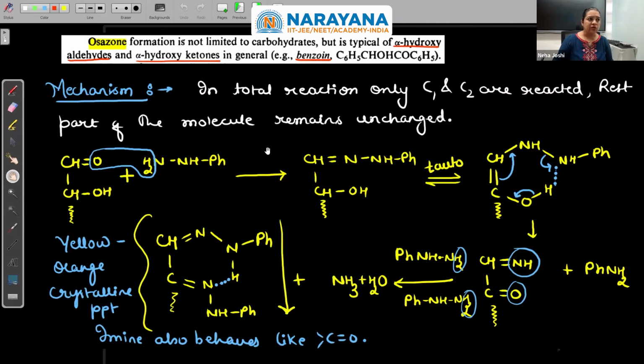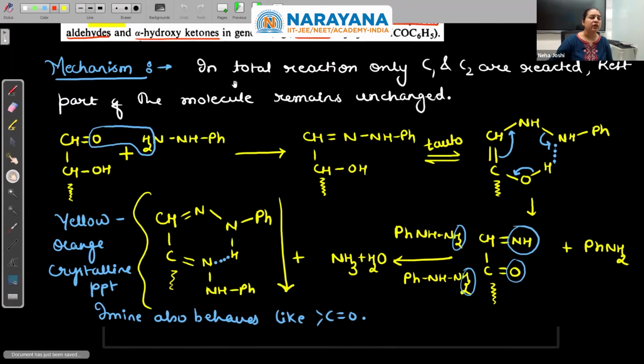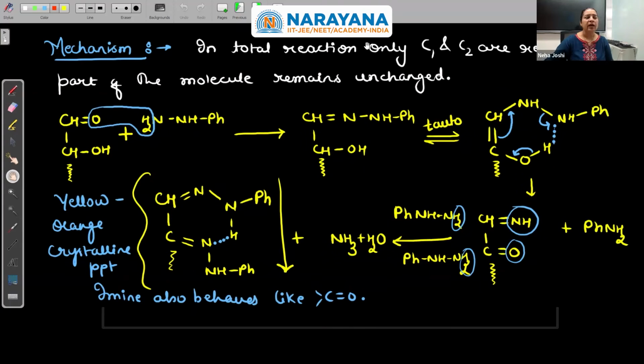Though the detailed mechanism is not required, I'm sharing it with you. I'll try not to be too vast, but in the total reaction, only C1 and C2 are reacted. The rest of the molecule remains unchanged.